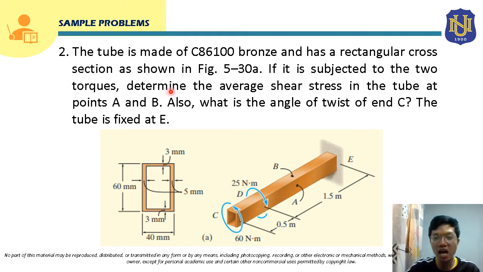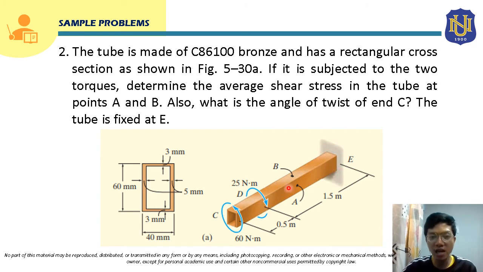Determine the average shear stress in the tube at points A and B, which are located at this section. And what is the angle of twist of end C? There will be an angle of twist at end C, so we have to compute that. End E is supported by this fixed support.